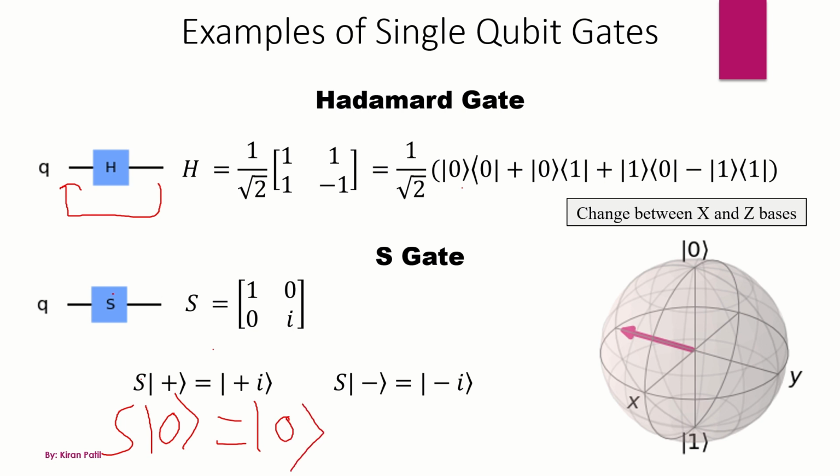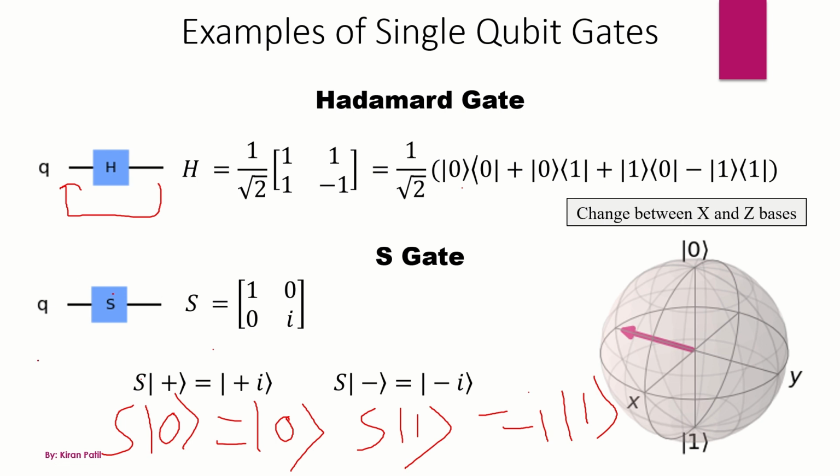And when I apply the S gate on |1>, we are getting the answer i|1>. So try to find out these two equations and let me know in a comment if you have any doubts. Okay, these are two single qubit gates which we had not discussed yesterday.